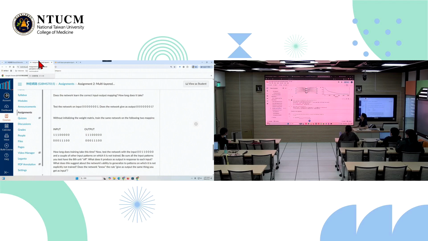Can it recognize itself? What if you do 1000 instead of 001? Not so good. This is interesting. What would you expect though? It should at least be able to recognize itself, don't you think?